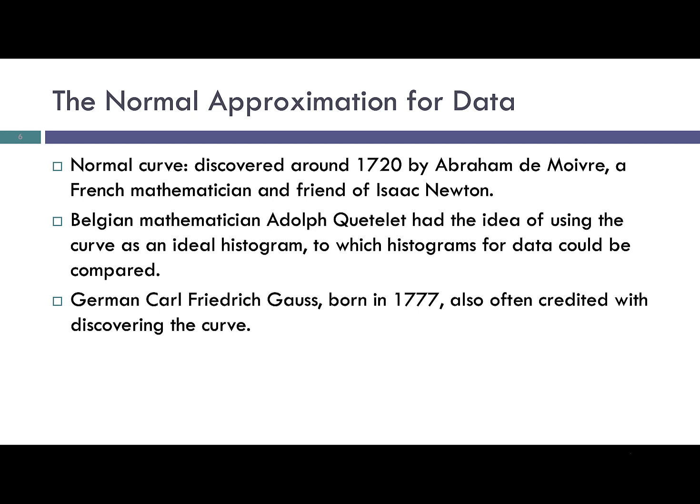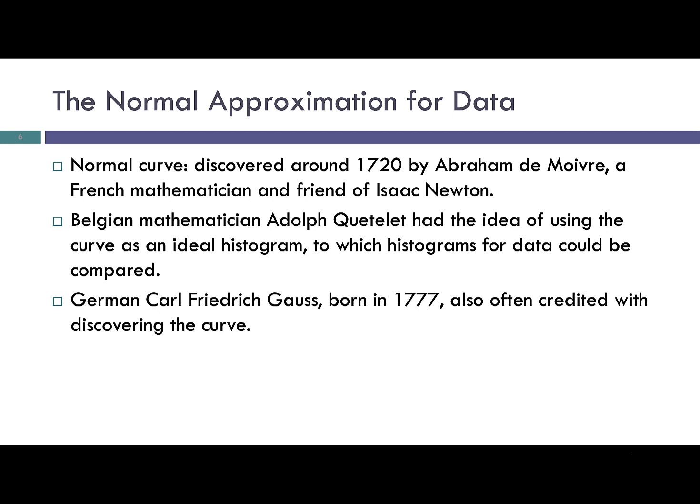Belgian mathematician Adolphe Quetelet had the idea of using the curve as an ideal histogram to which histograms for data could be compared. So he saw it as a way to approximate how we thought about data. And famously, German Carl Friedrich Gauss, born in 1777, is also often credited for discovering the curve. It's called a Gaussian curve.